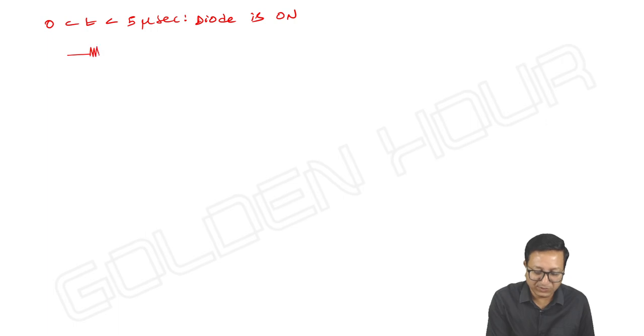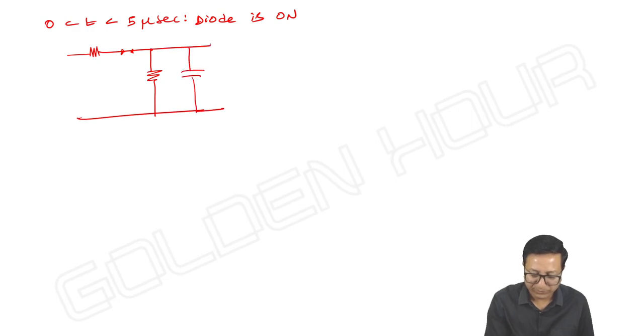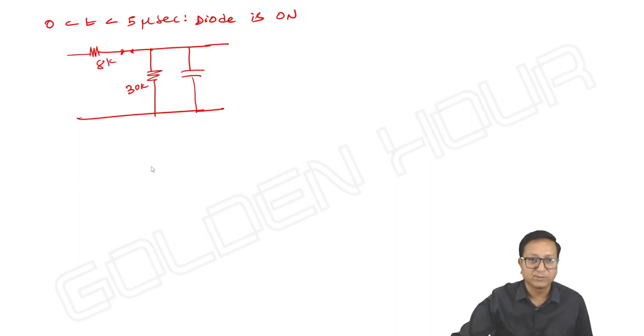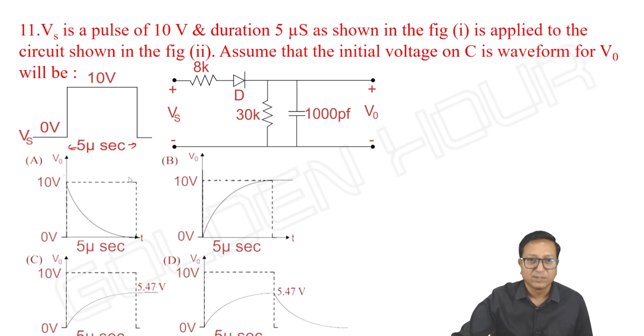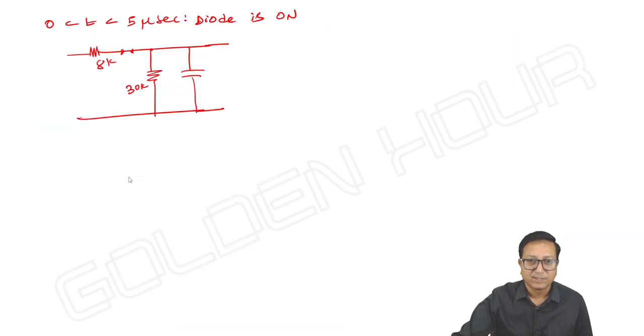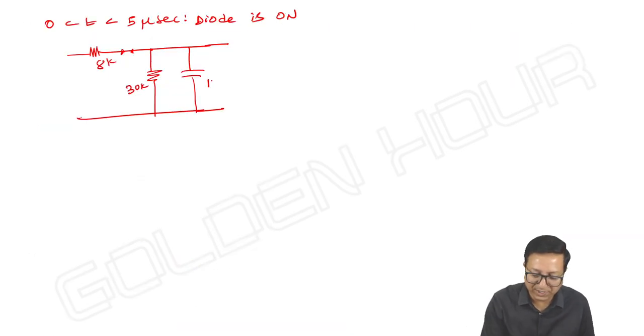Once the diode is on, the equivalent circuit is like this. It is 30K and 8K, I think so. And 1000 picofarads means 1 nanofarad I can write for capacitor. And what about Vs or V input? It is equal to 10 volts.